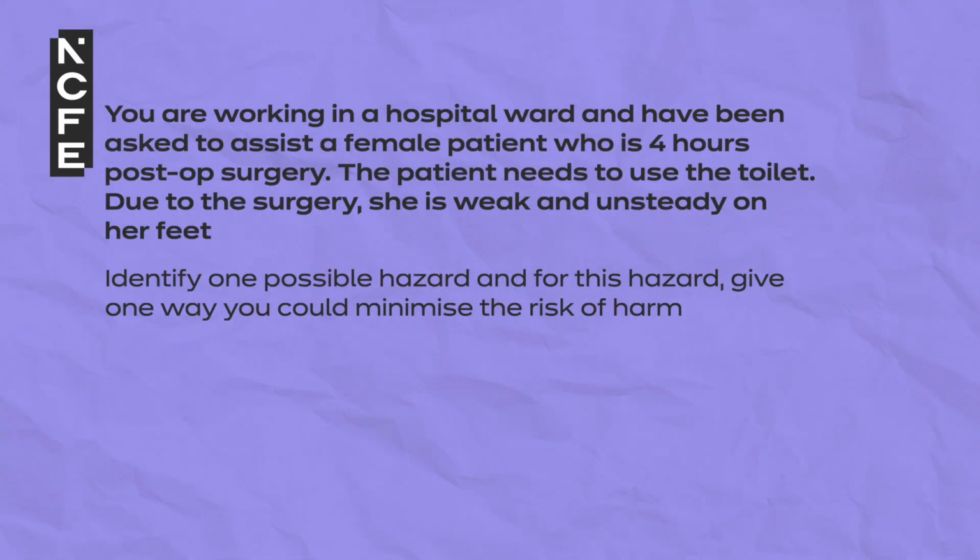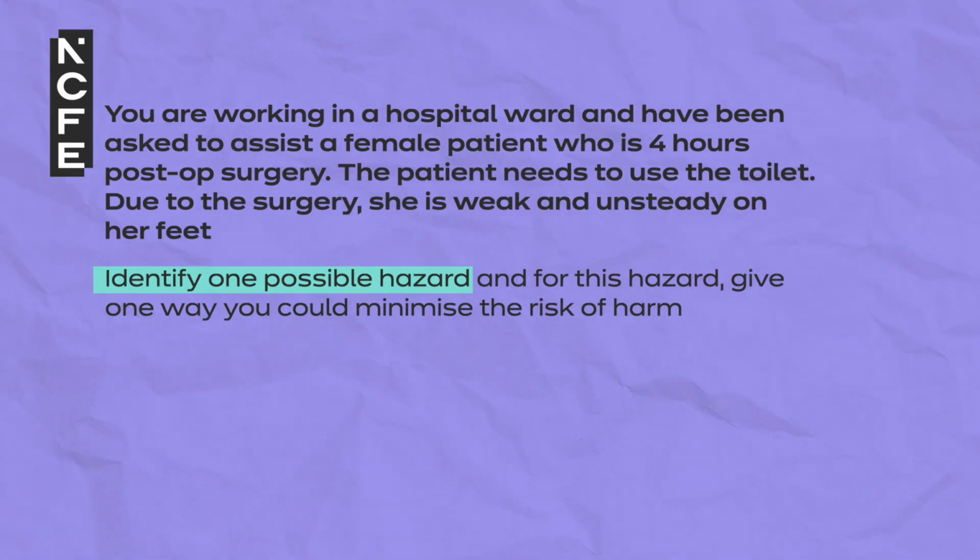This is a short answer question in relation to health and safety in the healthcare sector. The first part of the question, identifying one hazard, covers AO1, which requires students to demonstrate the relevant knowledge and understanding of contexts, concepts, theories and principles in healthcare.